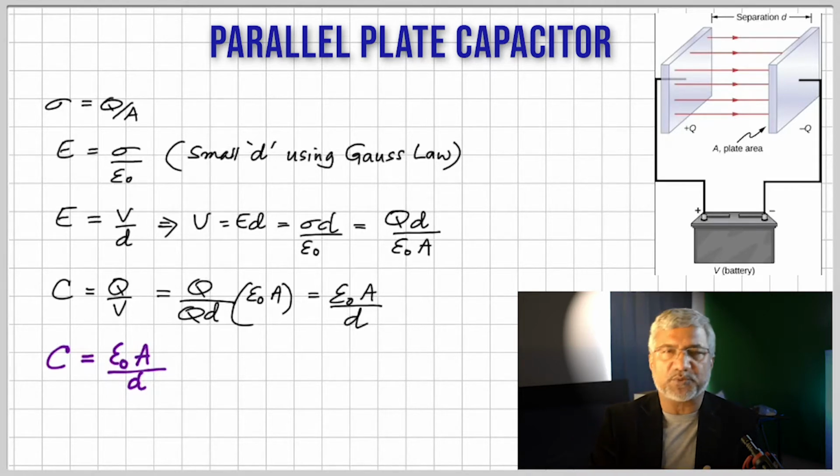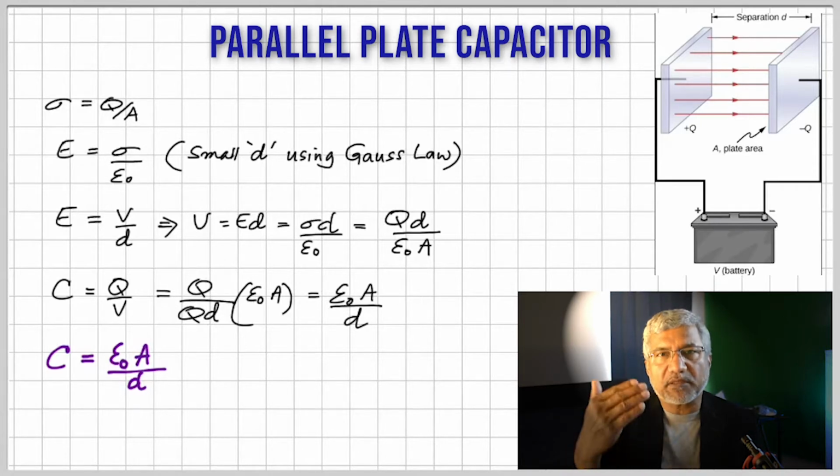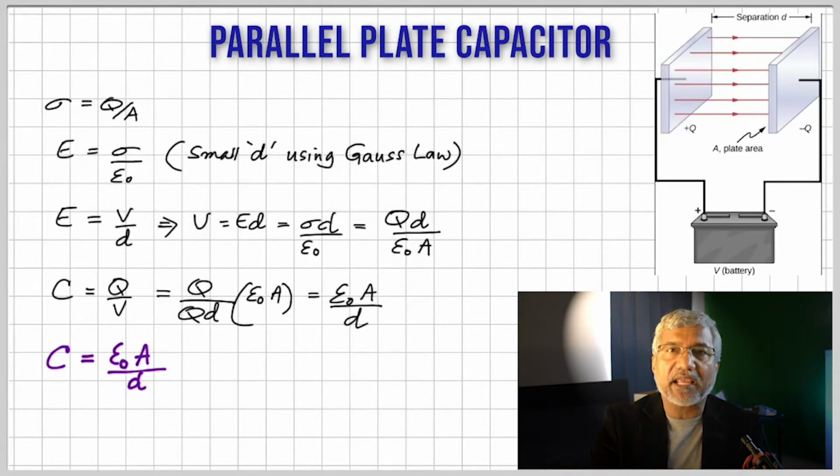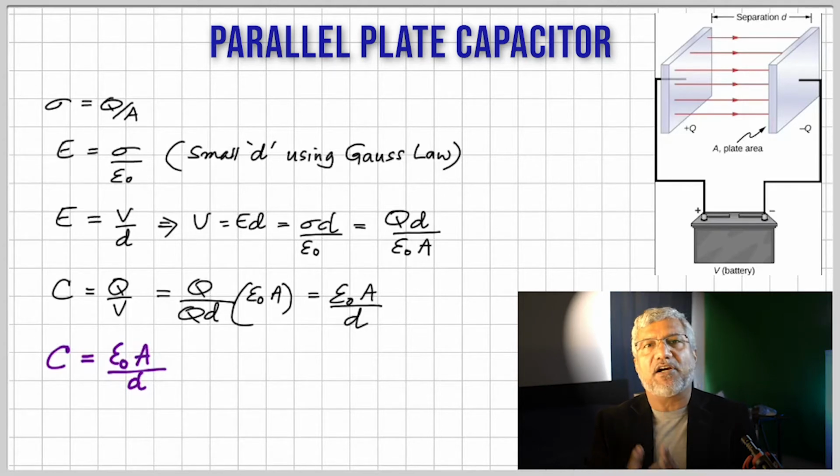Because we will see as we go that now the new capacitance with mica becomes K epsilon naught A by D. There, you're going to insert a constant K, and K is called the dielectric constant. For mica, it's about 7. What does that mean?